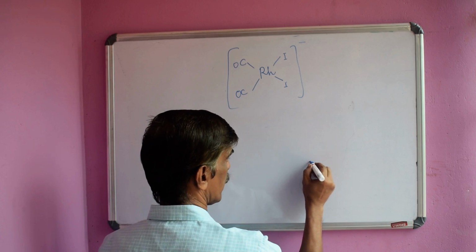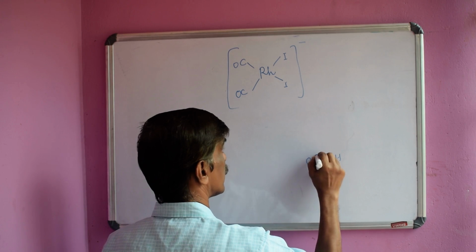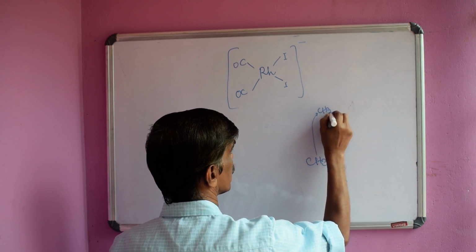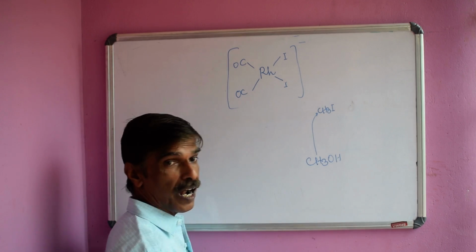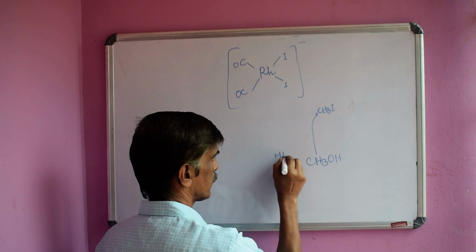So first of all, methanol is converted into methyl iodide by reaction with HI.